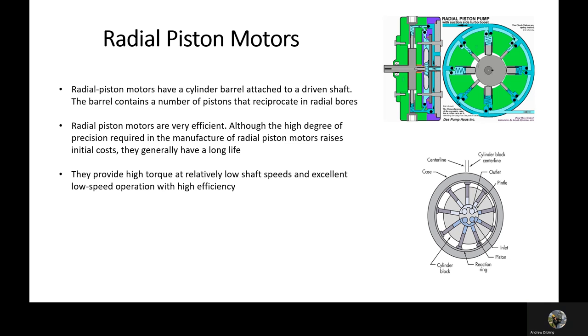So now these motors provide a very high torque at a very low shaft speed because of the positive displacement of the rotor, and that allows all of the fluid's energy to be transported into the rotating shaft. Right.